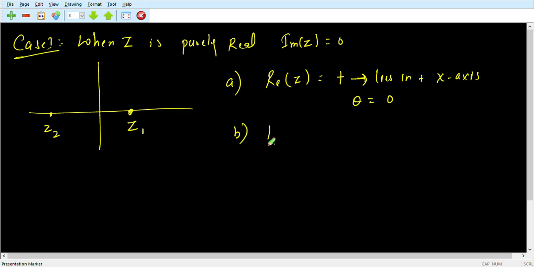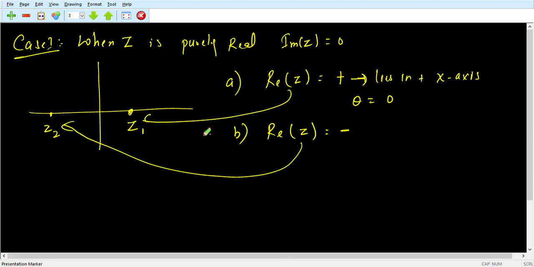Case 2: the real part of z is negative, that is the case of z2, and the earlier one is the case for z1. So this complex number lies on the negative x-axis and theta will be pi. This is the first case where z is purely real.